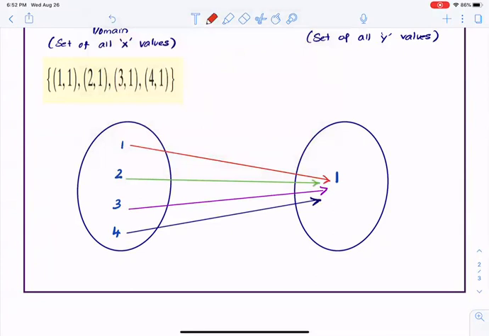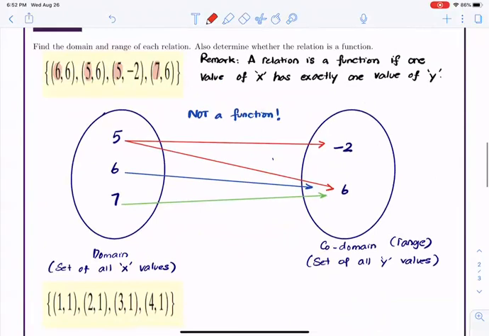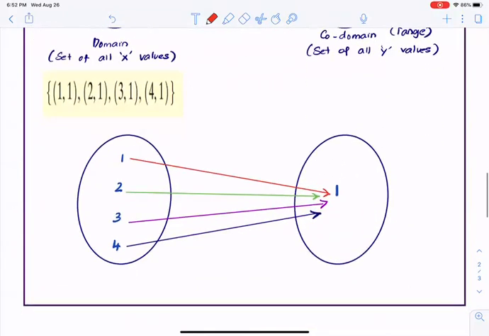And clearly from the picture, we don't have something like the previous problem where one value of x branched to two different values of y. Here we have single arrows from each value of x to each value of y, which is just 1 in this problem. So here the domain is 1, 2, 3, and 4. The range is simply 1.